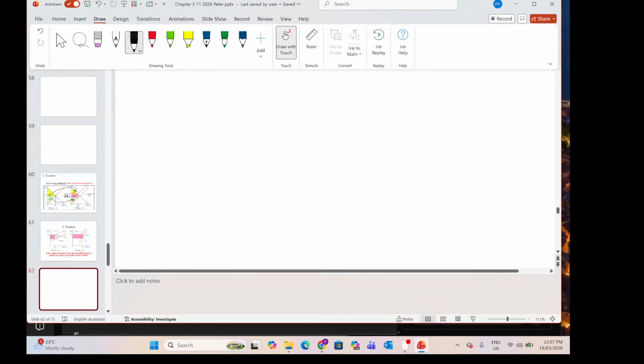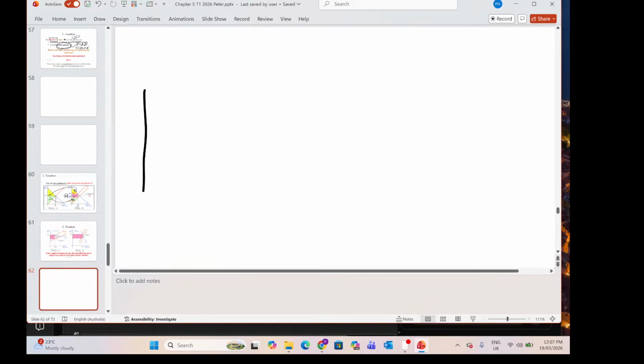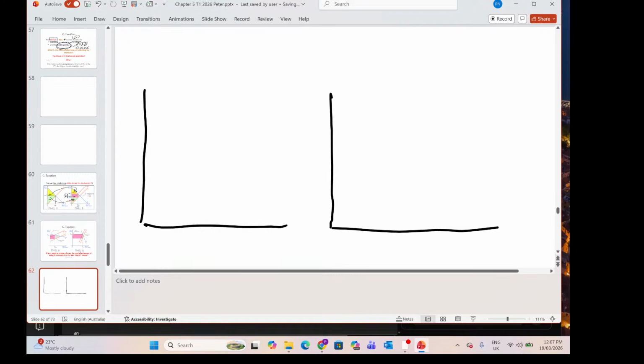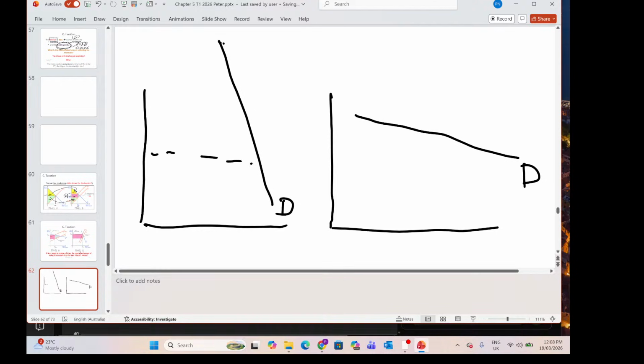So I want you to imagine this. I have two products. One has quite an elastic demand curve, and one has quite an inelastic demand curve. And at the moment, they both have the same price.